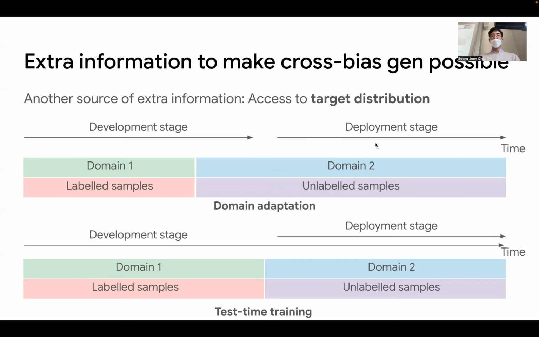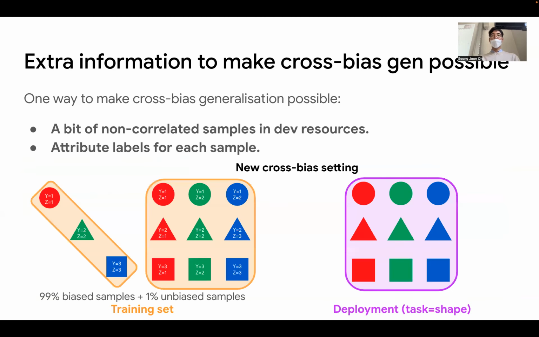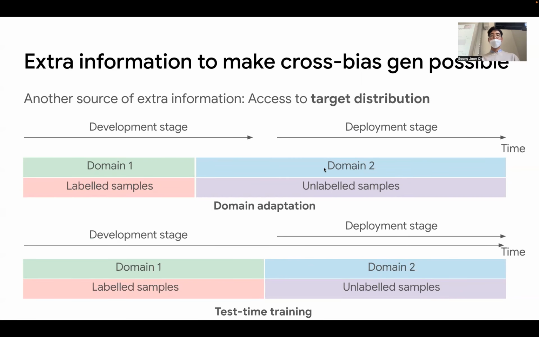This is a bit of repetition actually. In domain adaptation, we make the target distribution more accessible to the training and development stage, which is in a sense what this is doing. Test time training is also similar in the sense that you're extending your development into the deployment domain.